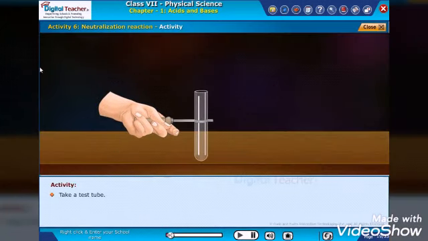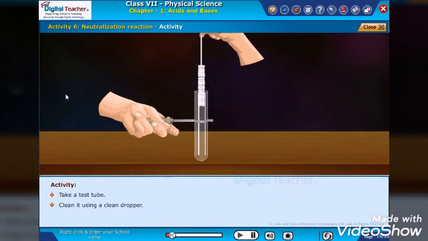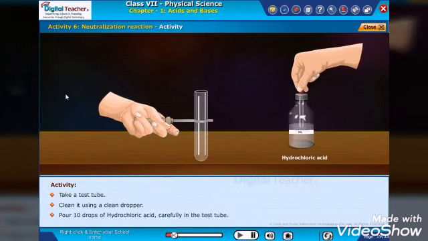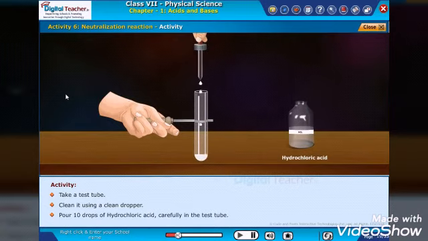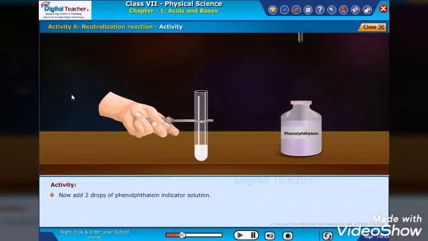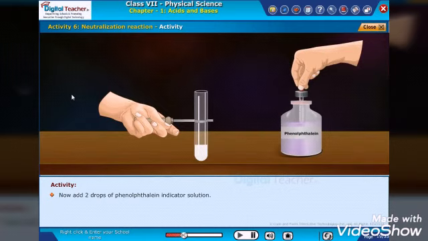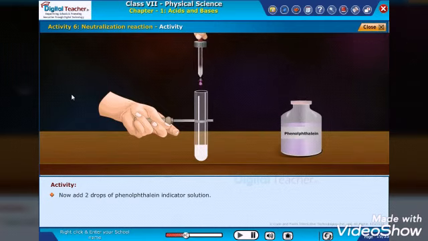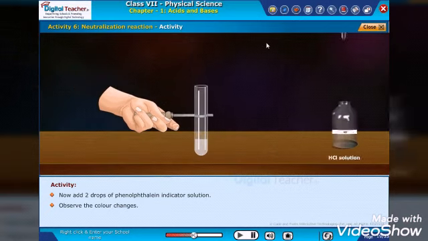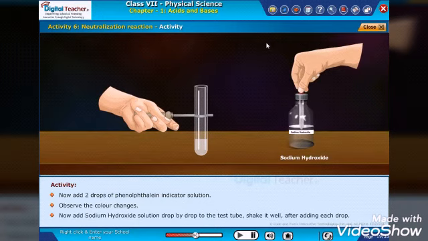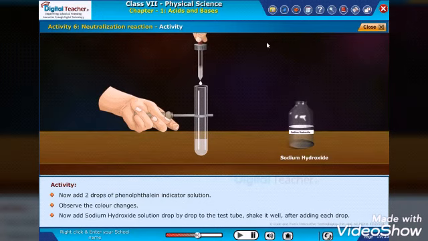Take a test tube, clean it using a clean dropper. Pour 10 drops of hydrochloric acid carefully in the test tube. Now, add 2 drops of phenolphthalein indicator solution. Observe the color changes. Now, add sodium hydroxide solution drop by drop to the test tube.